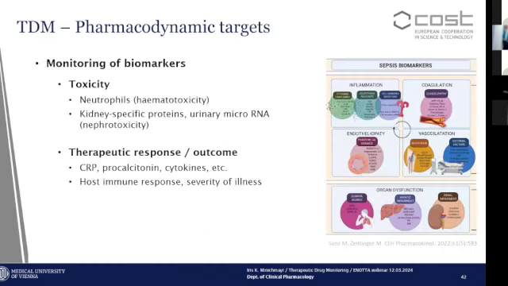Some biomarkers are already used for dosage adjustments, for example, neutrophil counts to monitor chemotherapy, or in research, kidney-specific proteins to assess nephrotoxicity. There are also further markers that are being investigated as pharmacodynamic targets, including markers of inflammation, such as C-reactive protein or procalcitonin, or markers indicating immune response or severity of illness.